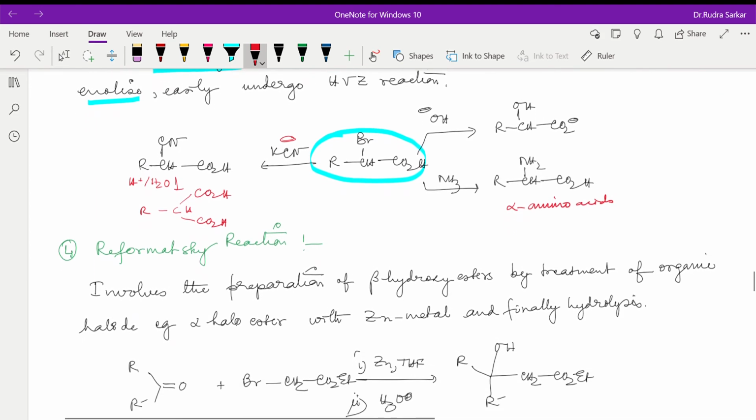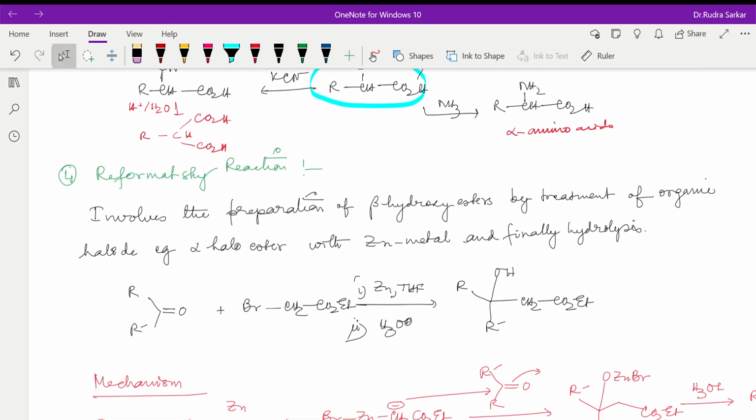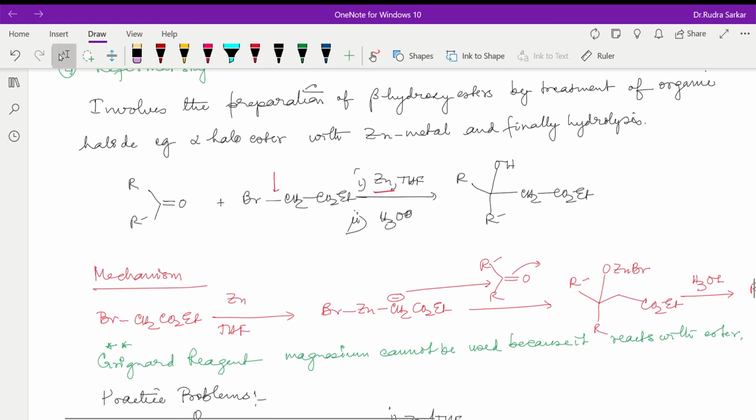The extension of the HVZ reaction is the Reformatsky reaction. It is almost very similar to a Grignard reaction. However, here we do not use Mg but Zn. So we have Zn which will be getting incorporated over here, and as I will show you in the mechanism, this particular Zn will come here and lead to the formation of a nucleophilic carbon.